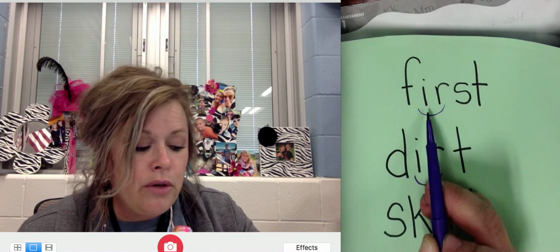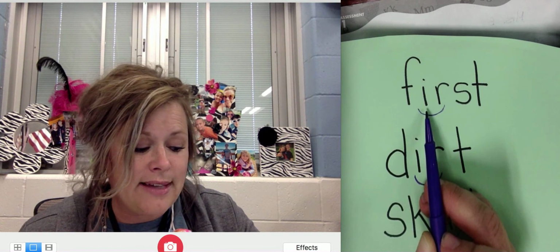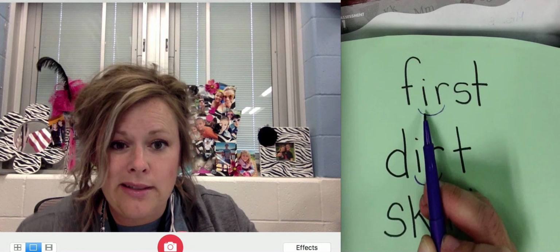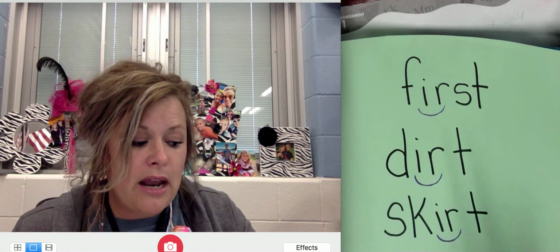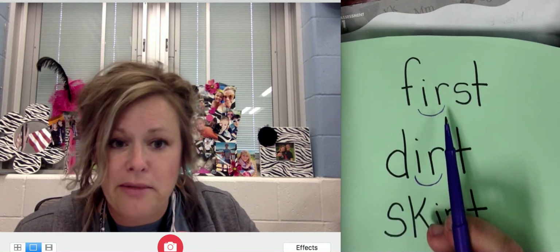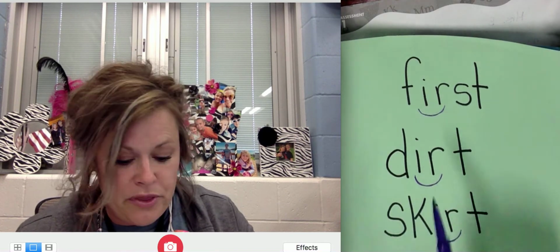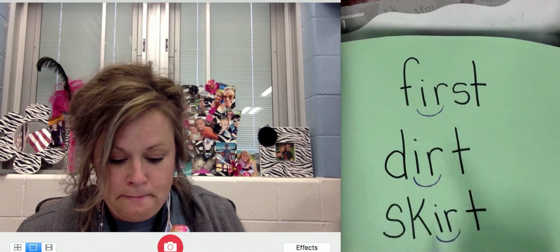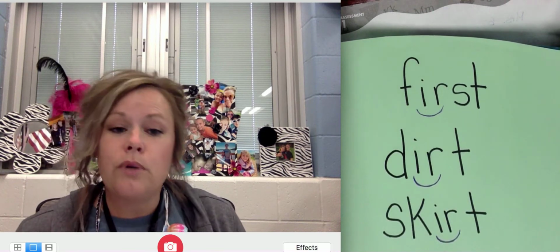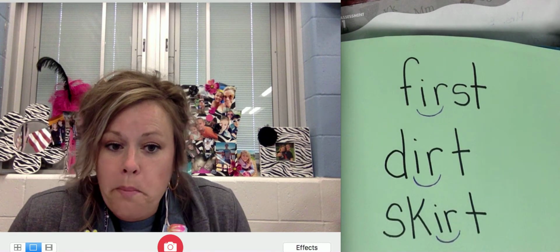You know that the vowel I sounds like I, like inch, or I like icicle, but it actually doesn't sound like anything because that R is bossy. When the R follows a vowel, it changes that vowel sound. And we do, again, code it with an arc. Okay? So do we need any more codes in these words? Nope, just 1 code each.